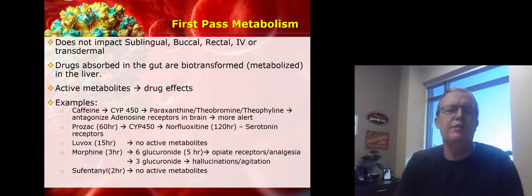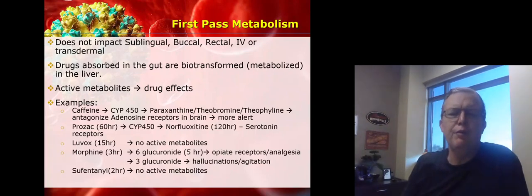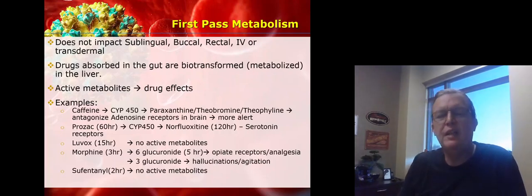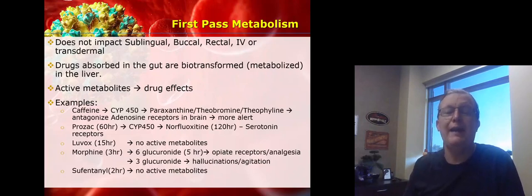And similarly processed by cytochrome P450, but Prozac itself is listed with a 60-hour half-life, which is long enough as it is. That's several days. But notice that when Prozac is metabolized, it's metabolized to norfluoxetine, which basically is active on receptors for 120 hours. So the half-life doubles based on the active metabolite of the drug.